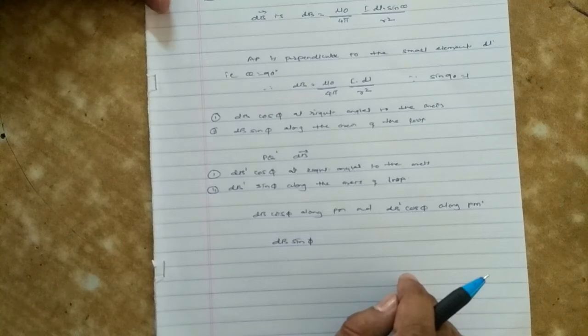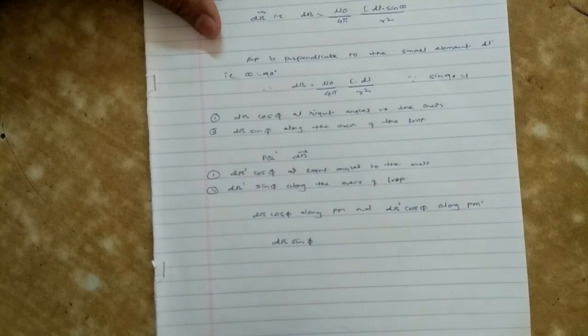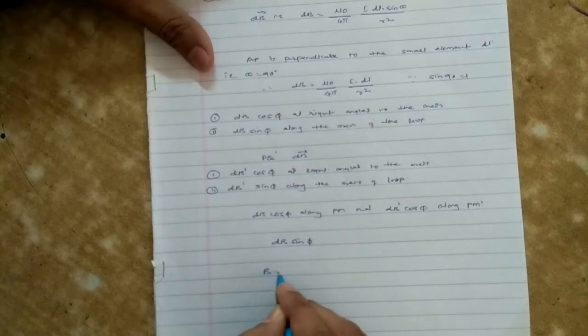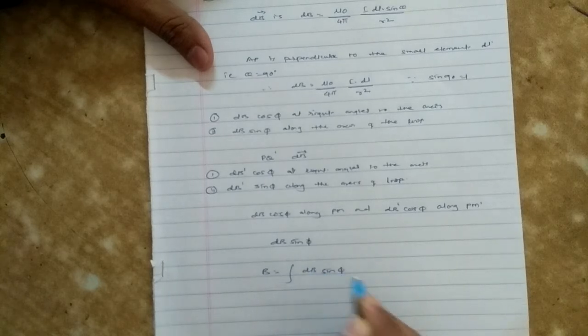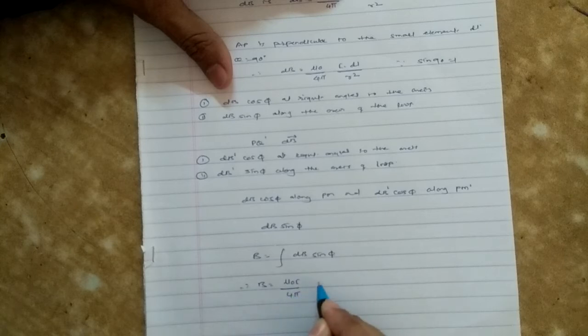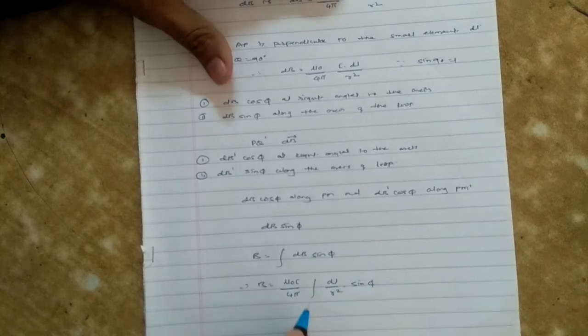The resultant magnetic field due to the loop is directed along the axis of the loop, and its magnitude B is equal to the integration of dB sin phi. Therefore, B is equal to mu 0 I upon 4 pi, integration of dl upon r square into sin phi.